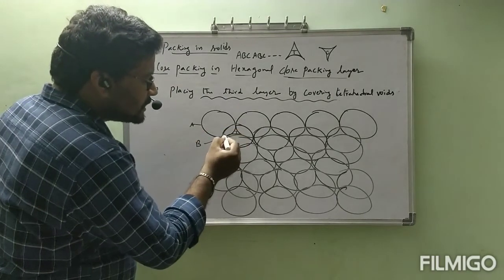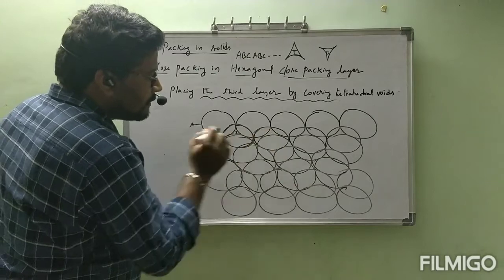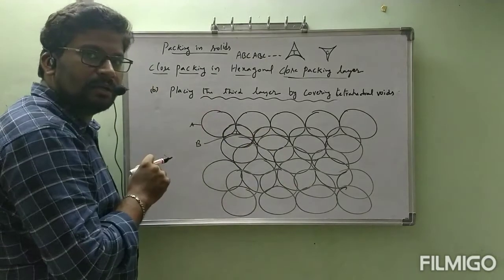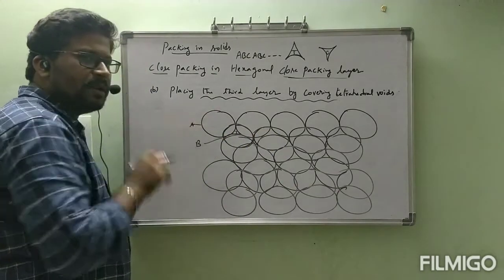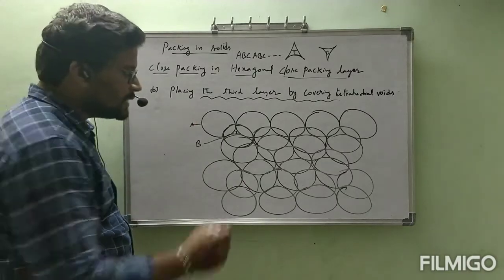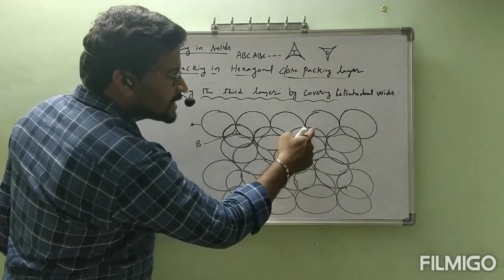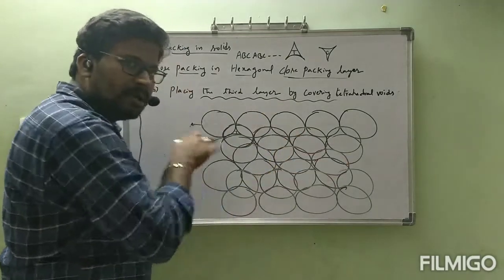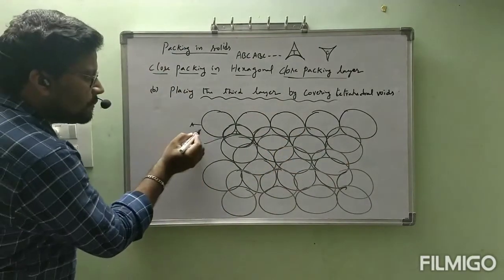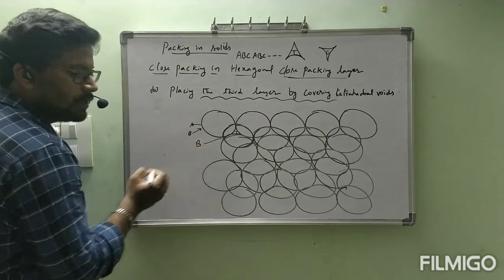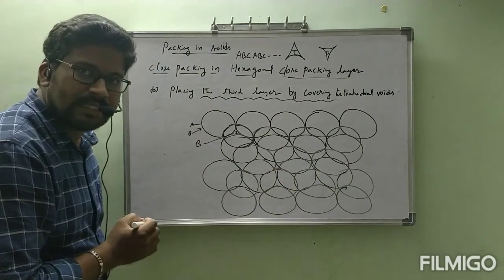Then is this position repeated or not? The B layer is repeated below A. This void is covered by a particle position like this, and this void too, exactly below. So the layer below will again be B only. Is it correct or not?